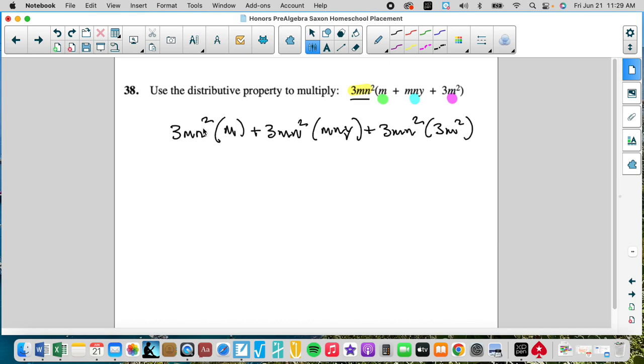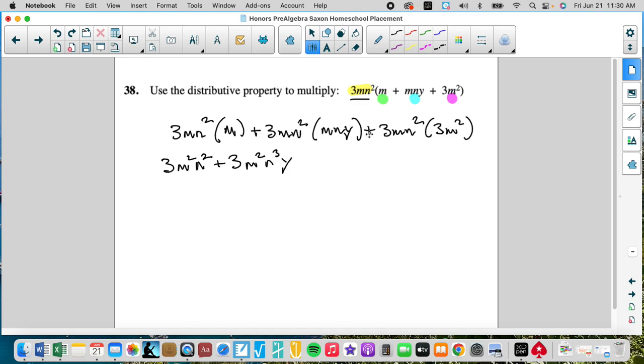We multiply terms. We multiply their coefficients. 3 times 1 is 3. And then we're going to combine like bases. m times m is m squared, and then the n squared. And now coefficients, 3 and 1 makes 3. Bases, m and m is m squared. n squared and n makes n cubed.